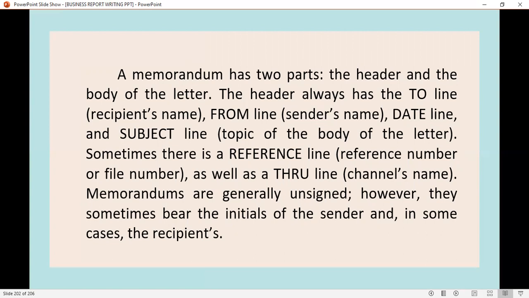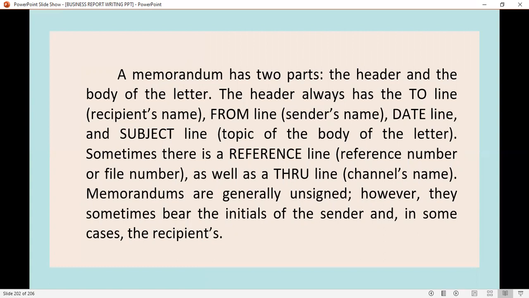So, mula sa, for example, mula sa CHED, through the BPAA, Vice President for Academic Affairs. So, yun yung ilalagay mo. Mula sa CHED, ang magiging channel is, magsisend ng letter sa, ang BPAA.